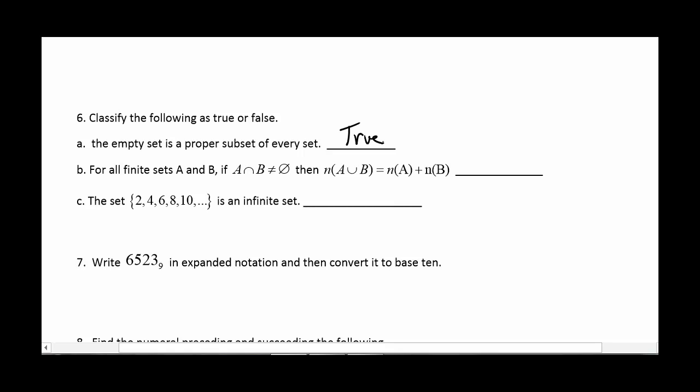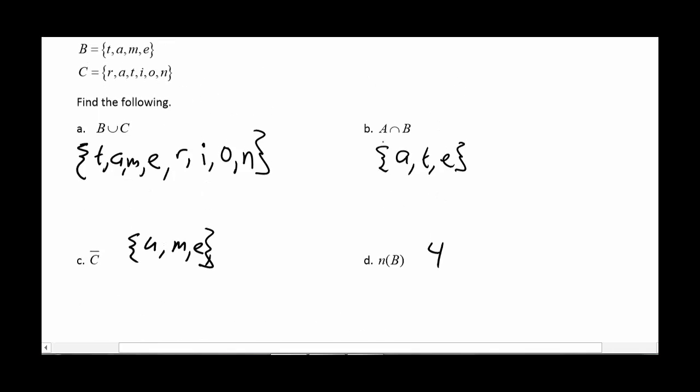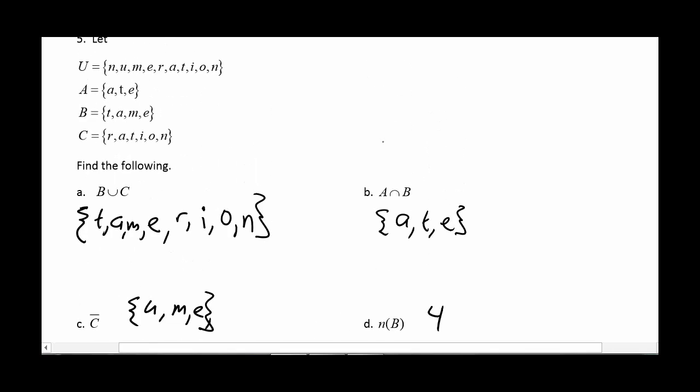Let me kind of clarify what it's saying. Let me go up here and I'm just going to pick a set. Let's look at set A, for example. Well, if I want to write every subset that could possibly exist, I could do A, I could do T, so I could do elements of 1.